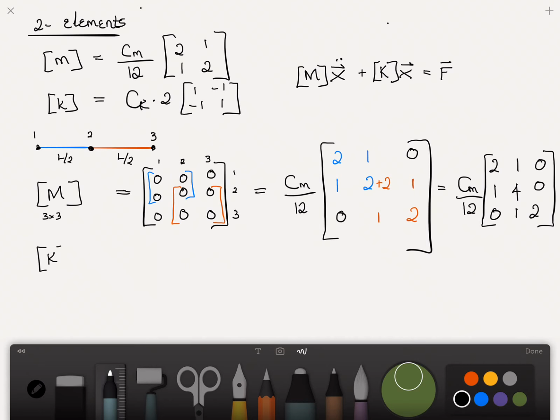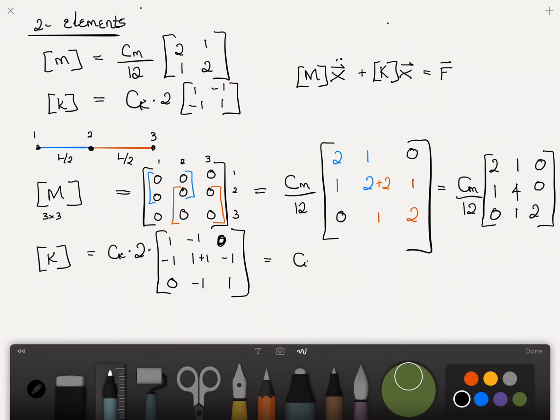Similarly, we'll come up with the global stiffness matrix, which would be Ck times 2 times, and I'm going to write it in assembled form all at once. It's 1, minus 1, minus 1, 1 plus 1, minus 1, minus 1, 1. These are zeros.